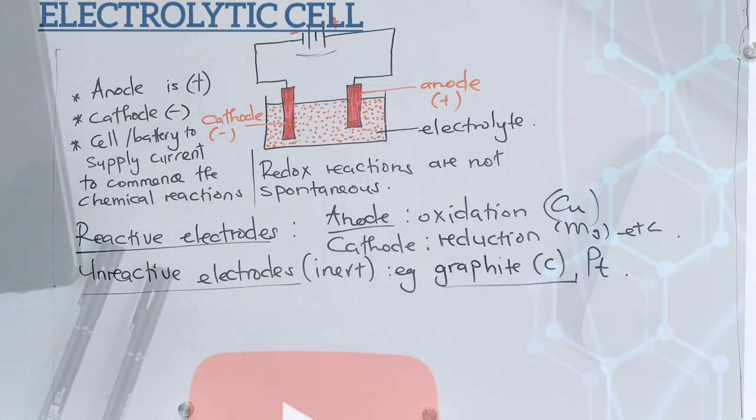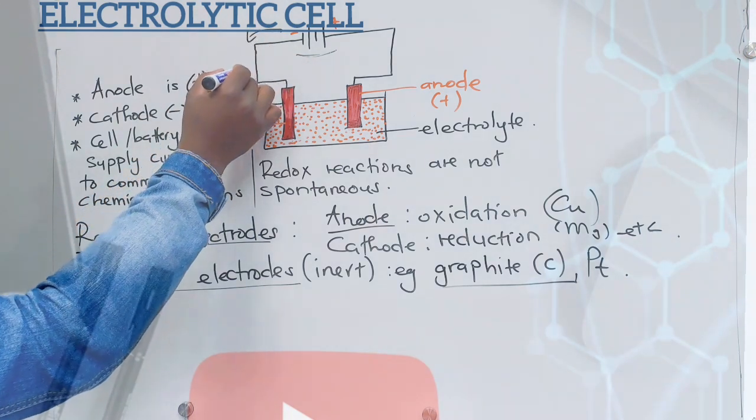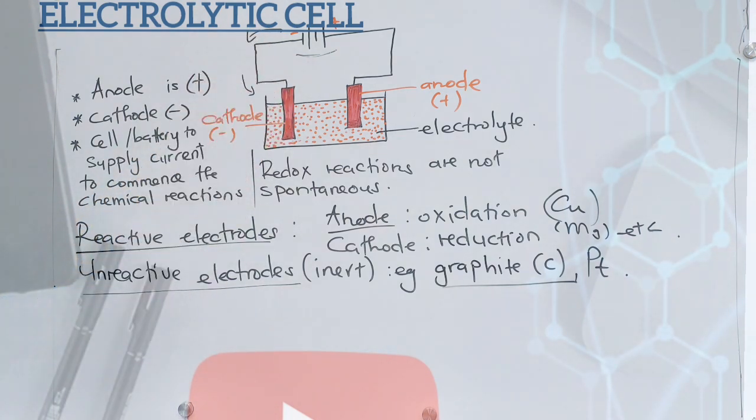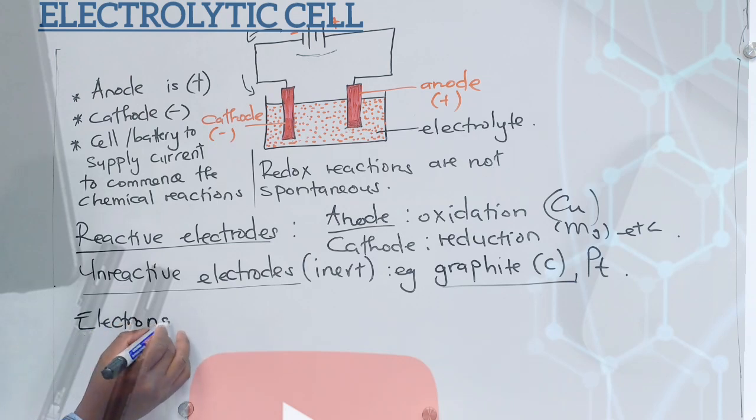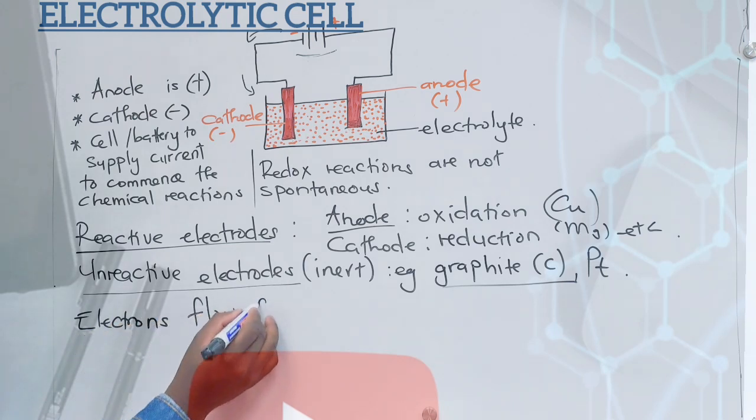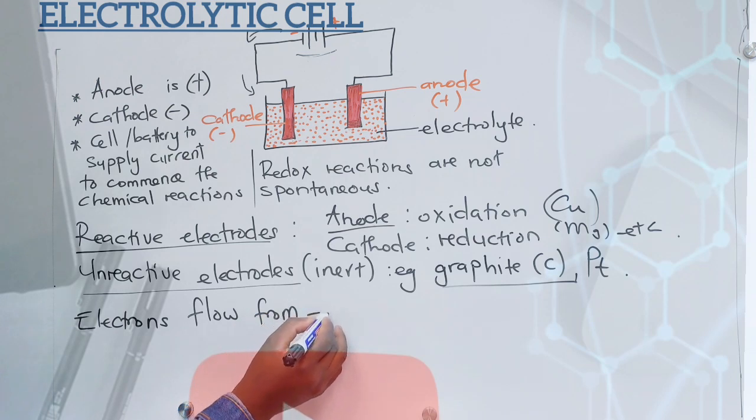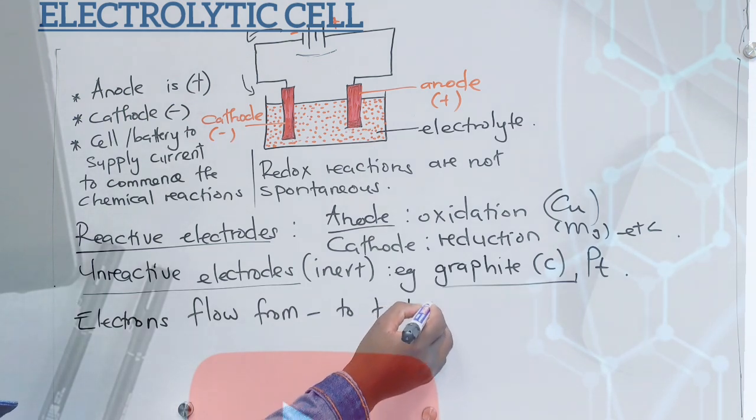Now let's see the movement of electrons. Electrons flow from the negative terminal to the positive terminal, meaning electrons are like this. Electrons flow from negative to positive terminal.